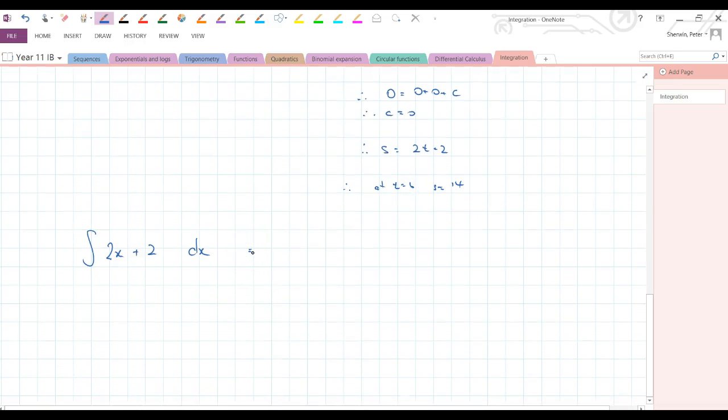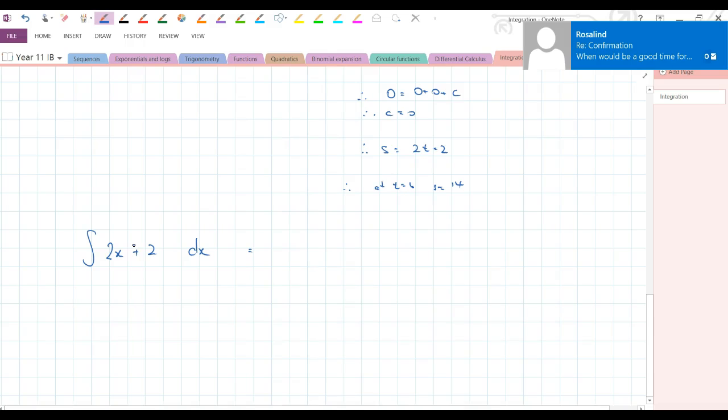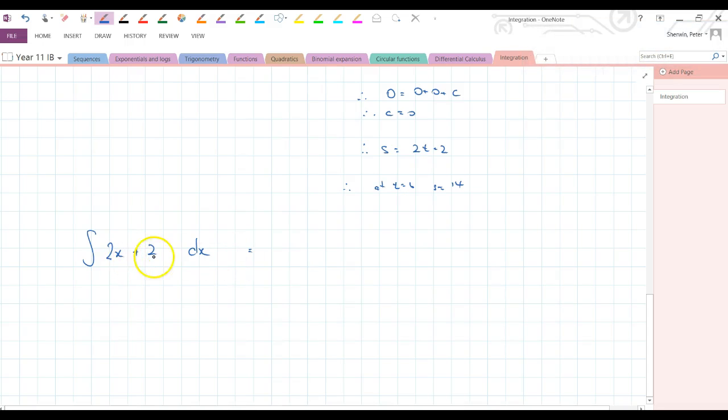Let's pretend we don't know what we differentiated to get this. We're starting from scratch with 2x plus 2. So what we do is this. We look at 2x and we raise its power by 1. Currently it's got a power of 1. We're going to raise its power to 2. So we're going to go 2x squared. So the 1's gone to 2, and we're going to divide by that new power of 2.